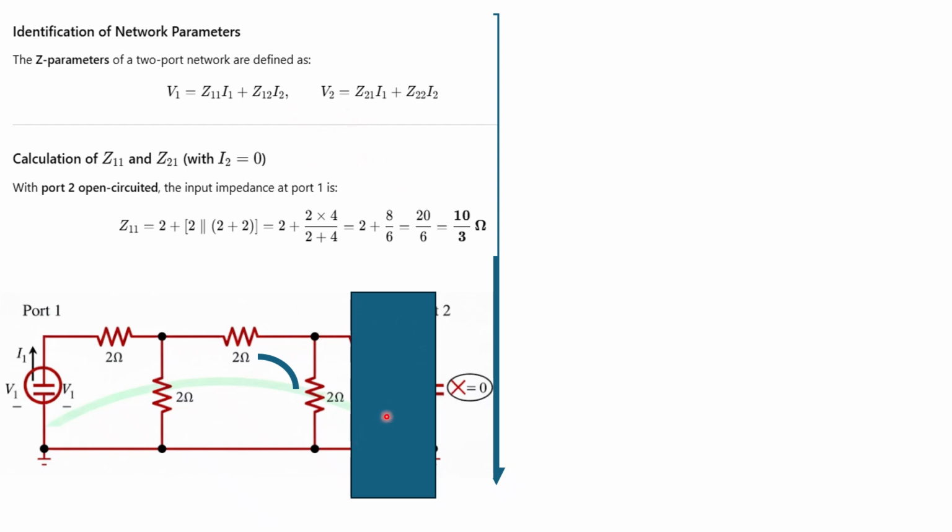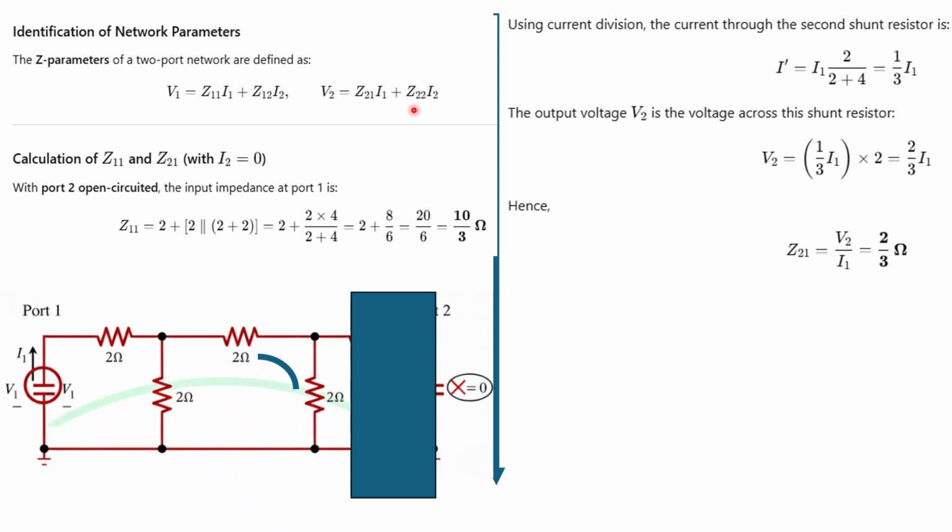We are going to find the voltage across this terminal, and the current here is I1. We'll find the voltage and divide by I1 to get Z21. Similarly, Z12 and Z21 will both be equal. So let's find Z21 using V2 by I1.